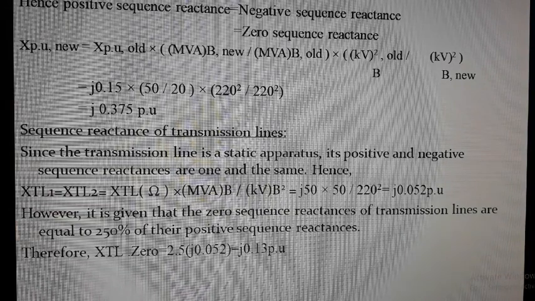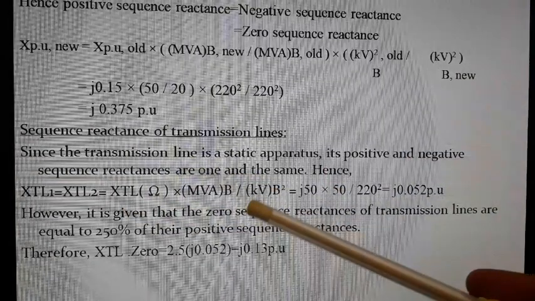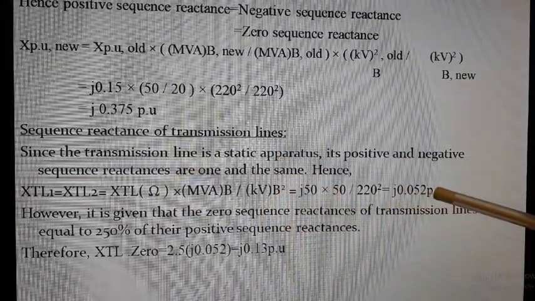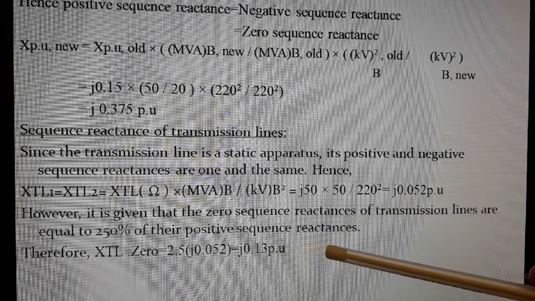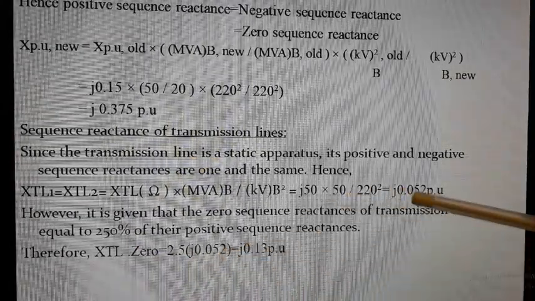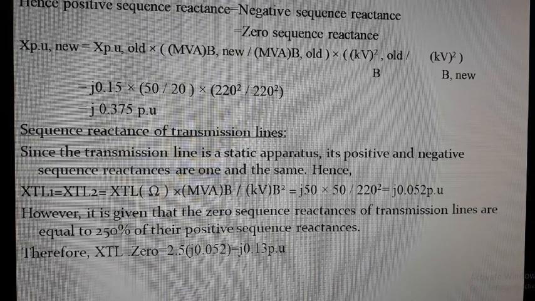Now the transmission line positive and negative sequence reactances are the same. So we will find XT, the transmission line reactances positive and negative, for the new base. And the zero sequence reactance is 250% of the positive sequence, so take 250%, that is 2.5 times the per unit value of j0.13.